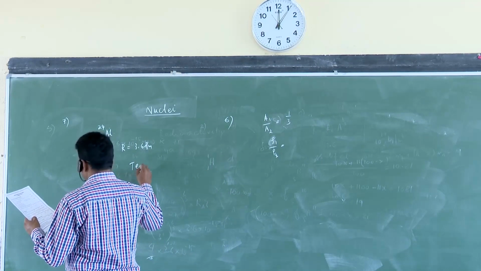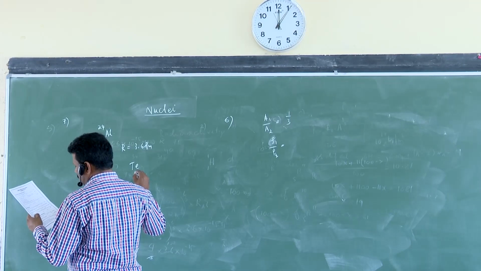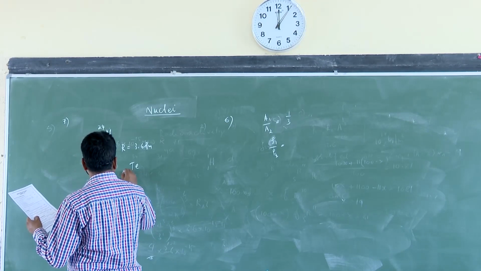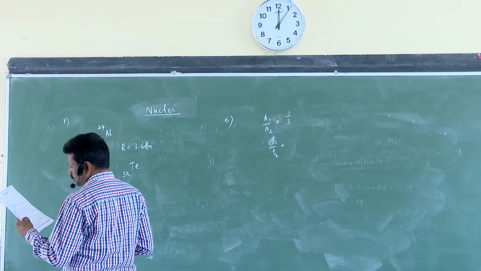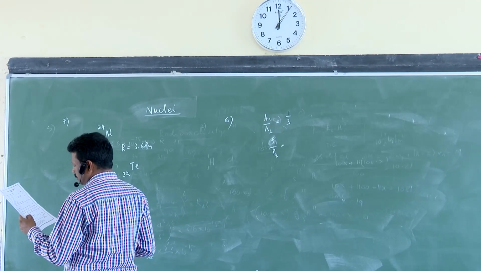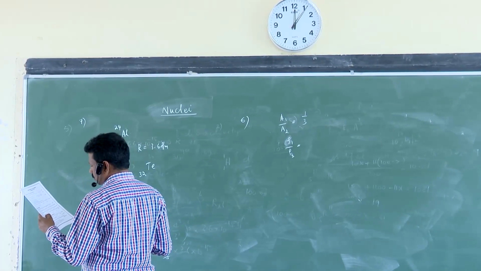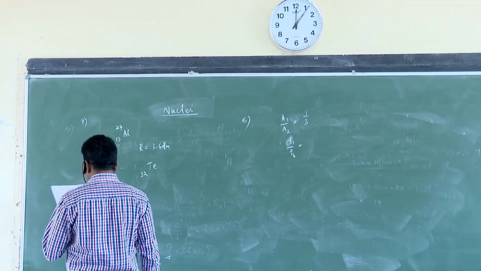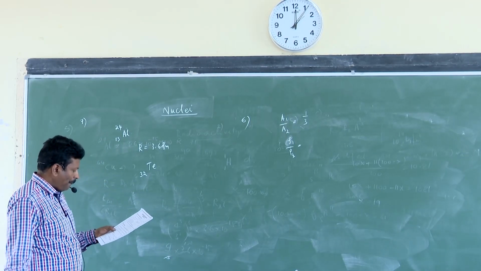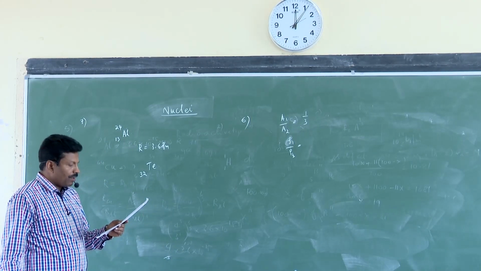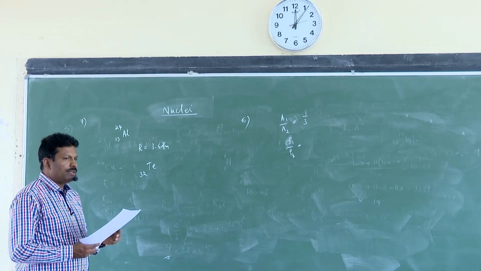What is Te? 32? I think it's not 32. Is it 32? What is Te?